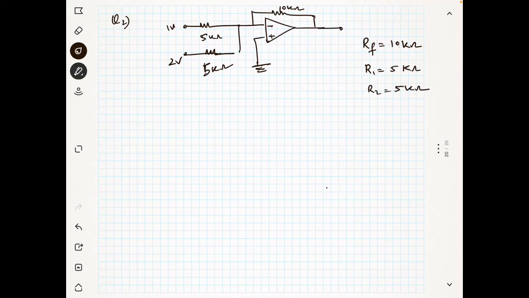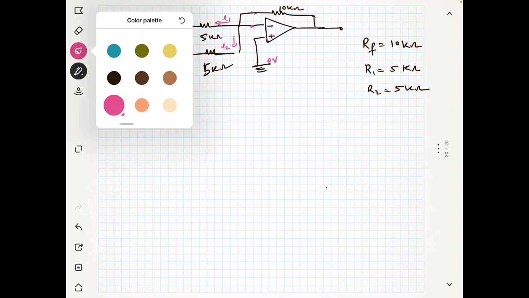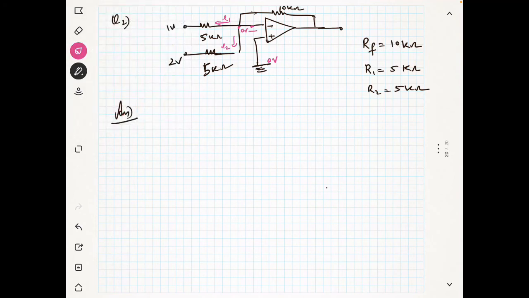Now we will see the answer. I am going to assign the voltage, this is 0 volt, so this is also 0 volt. So my current, this is I1 and this is I2, and this current I will connect here itself, then you can avoid the confusion. Both are the same anyway. And this current is I3 and this current is I4. So I1 plus I2 plus I3 plus I4 is equal to 0.